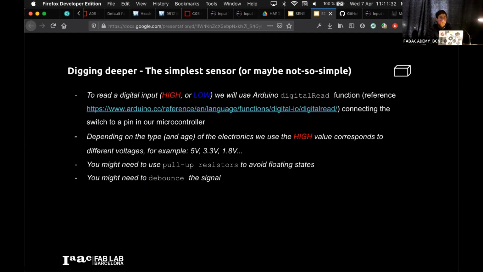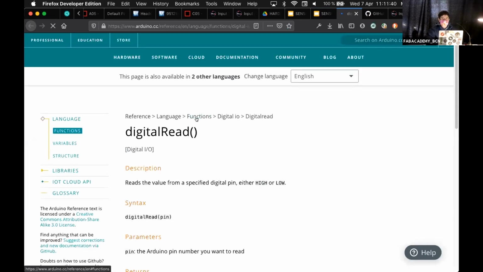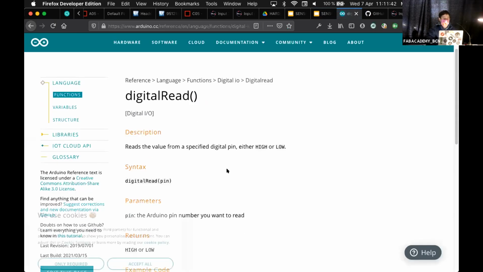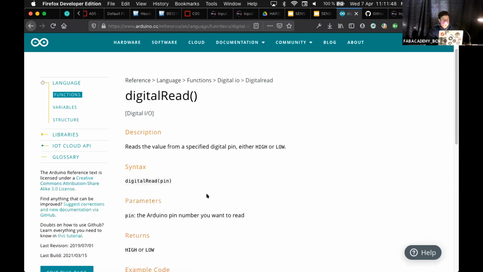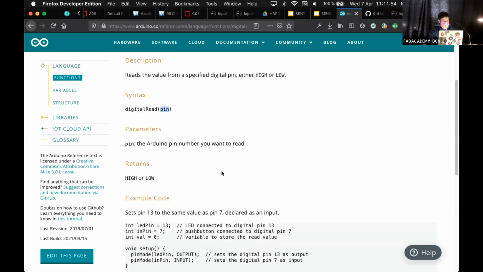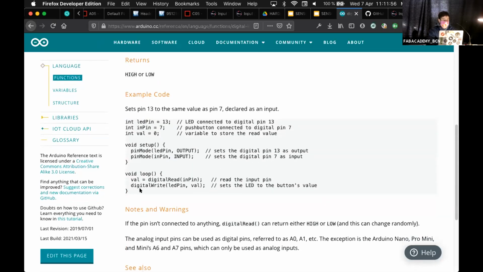But basically you just use the digitalRead function and connect it to a pin of your microcontroller. This function is going to give you either a high or a low. The only thing it requires is the pin of the microcontroller that you're going to read, and that's it. As simple as that.